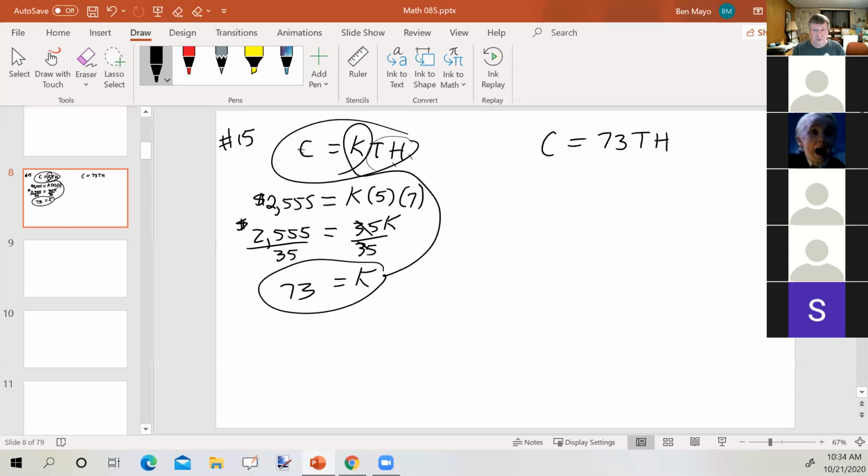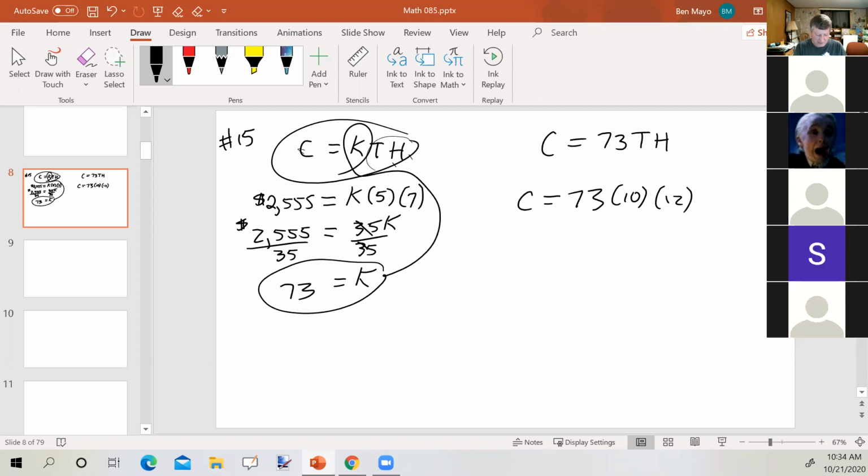You're welcome. Okay, so now find the cost of using 10 trucks each for 12 hours. So we've got C equals 73 times 10 times 12, which is $8,760.